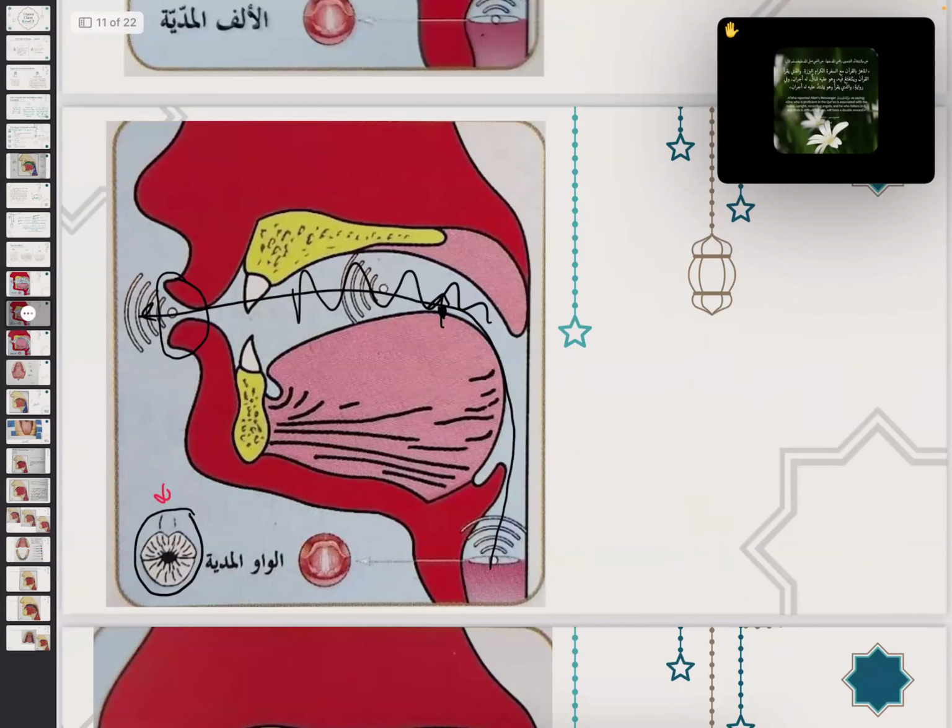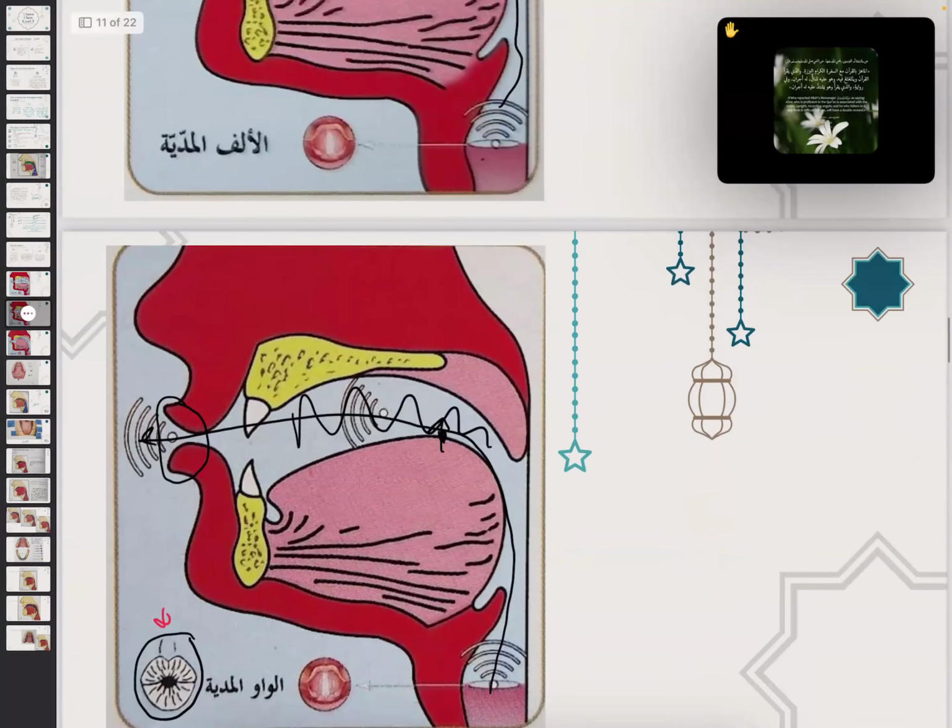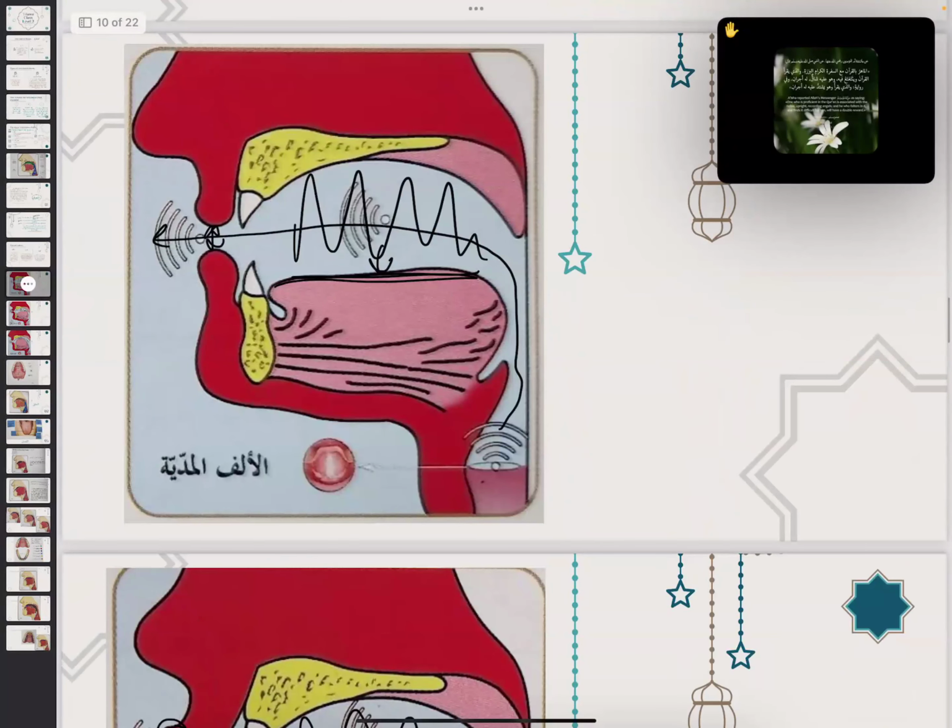Yeah. This مخرج, this articulation point of الجوف, the oral and throat cavity. The definition of الجوف is empty space in the mouth and throat. الجوف is an approximate measure area, and it is an articulation point at the same time.